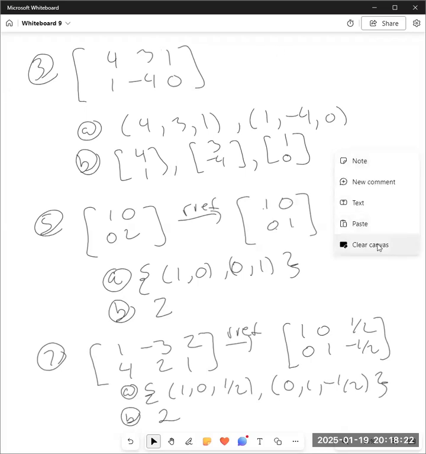Let's look at number 11. And we have negative 2, negative 4, 4, 5, 3, 6, negative 6, negative 4, negative 2, negative 4, 4, 9.